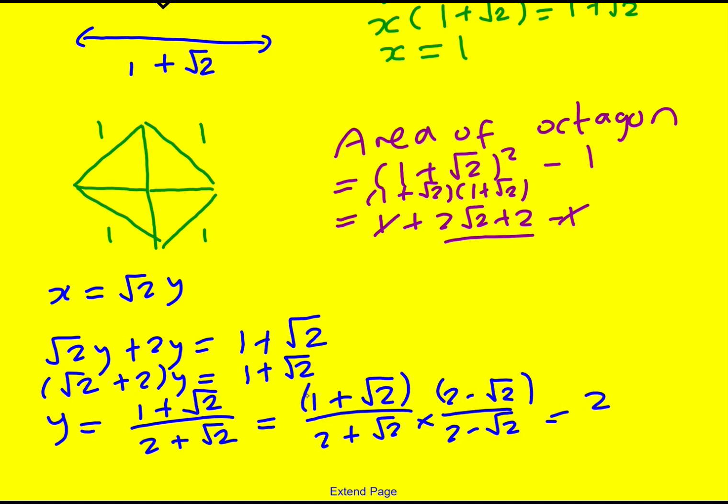So we get 2, we get minus root 2 plus 2 root 2, so it's plus root 2 and then minus 2. So this nicely just cancels out. And over here, we've actually got a difference of 2 squares. So we get 4 minus 2 root 2 plus 2 root 2 minus 2. So this actually gives simply root 2 over 2, or 1 over root 2.